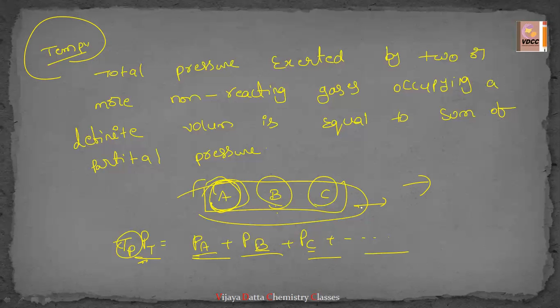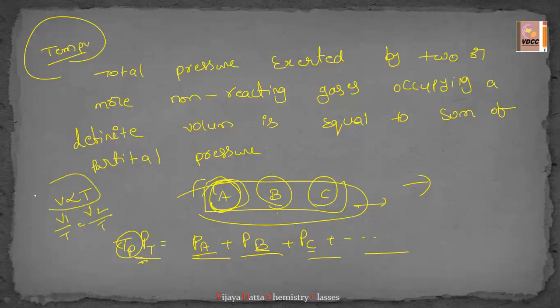According to PV equals nRT and Charles' law, V is proportional to T. If temperature is increasing or decreasing, volume changes accordingly: V1 by T1 equals V2 by T2.